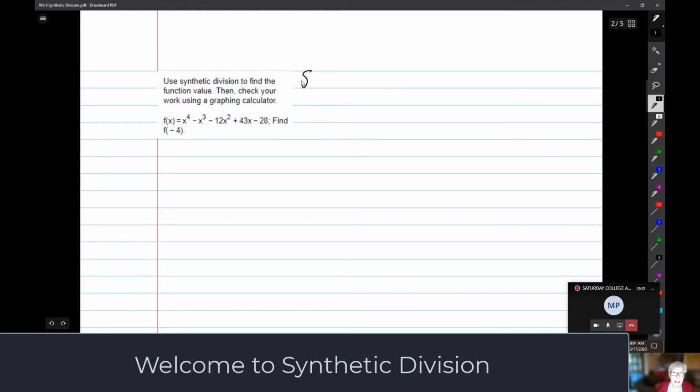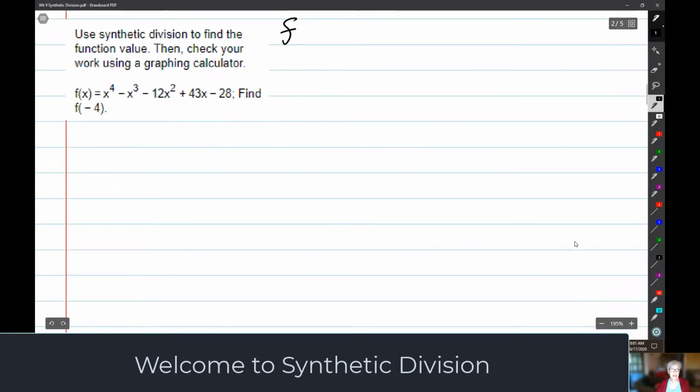So f of -4, let me make this bigger. There, it's kind of increased, kind of grainy, but at least it's there. Let's write f of x first. Let's write it nice and dark and big. x to the 4th minus x to the 3rd minus 12x squared plus 43x minus 28.